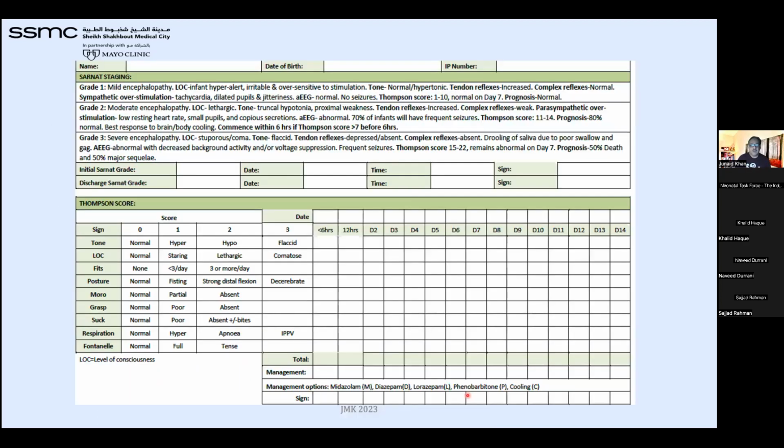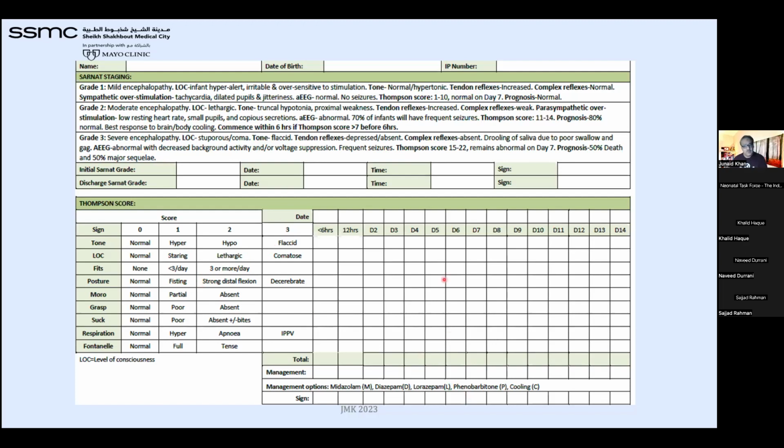The question last week was about the Sarnat staging and the Thompson scores. We already discussed that the Thompson score is a numerical score where the higher the score, the sicker the baby. And the Sarnat staging goes by mild, moderate, and severe.